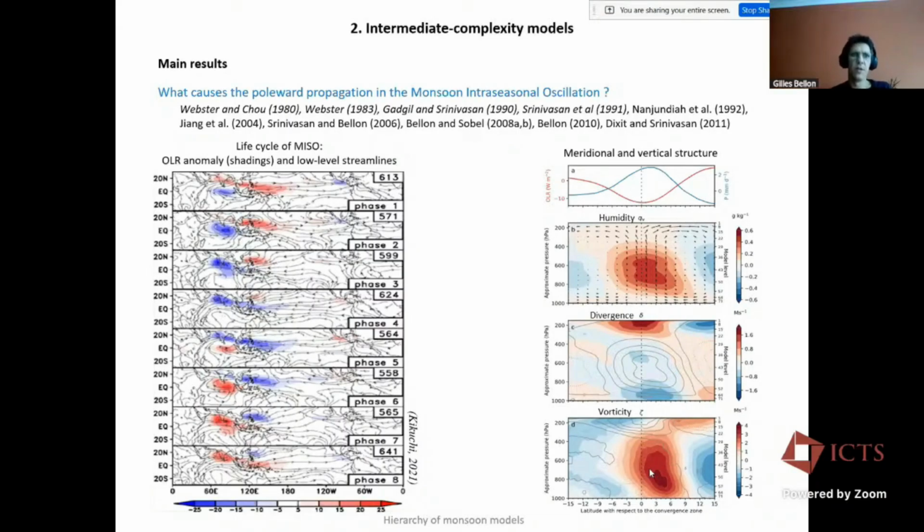Then you build a metric that allows you to attribute essentially a role to the different mechanisms, and then you can apply this metric to the observations, which allows you to show which mechanisms are actually significant in the real world, and then you can use these metrics to diagnose the climate models.